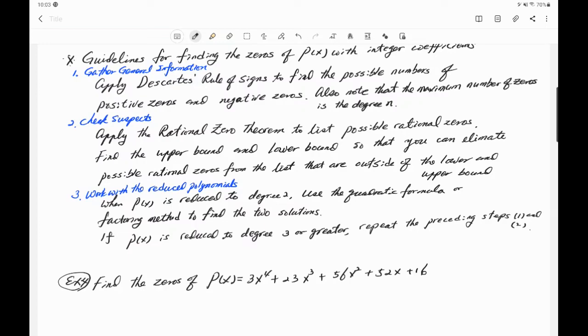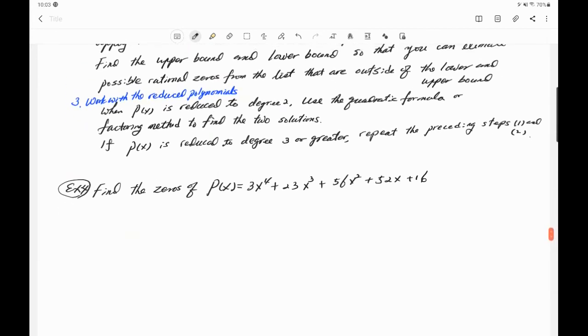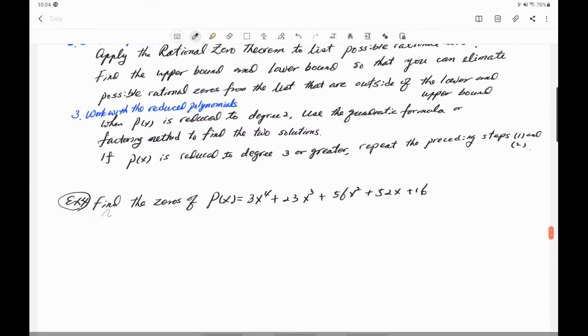Once the polynomial is degree 2, that is a quadratic form, so we can use the quadratic formula or the factoring method to find the two solutions. Can you see it? All right. Let's try an example. So we have a polynomial. We want to find the zeros of this polynomial. So let's gather some information. What is the degree?